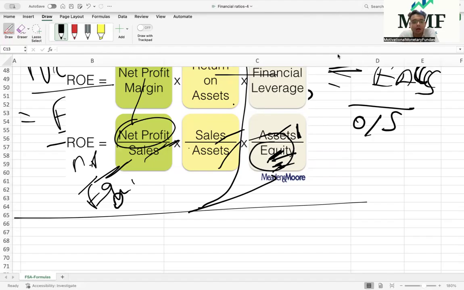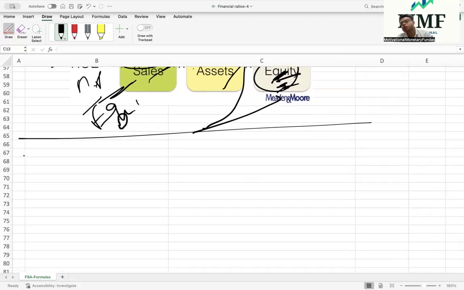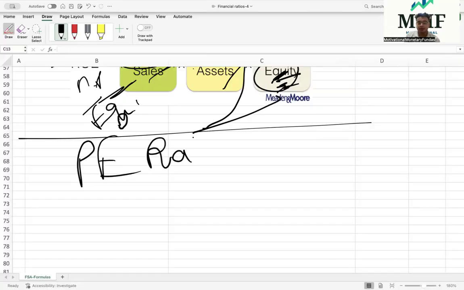ठीक है. अब बात करते हैं एक बहुत इंपॉर्टेंट रेशियो की, राइट, इन द वैल्यूएशन फील्ड. Very important metric, very important ratio. You might have heard about the PE ratio, price earnings ratio, price to earnings ratio.